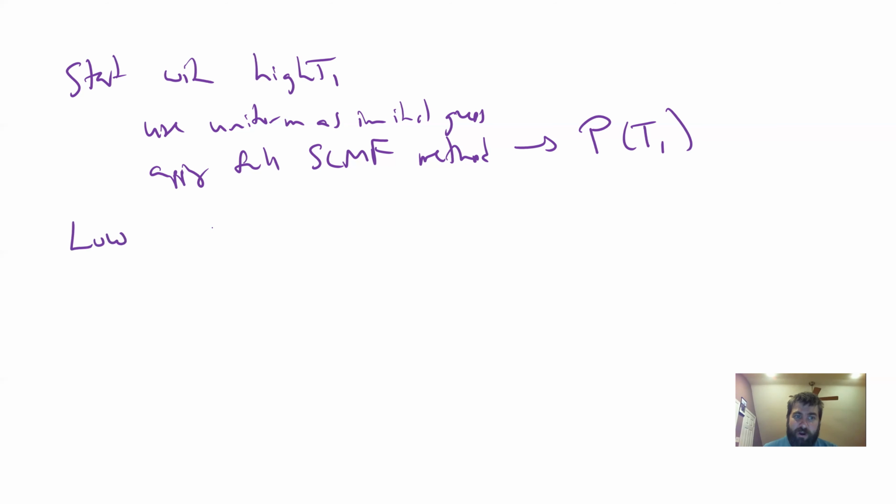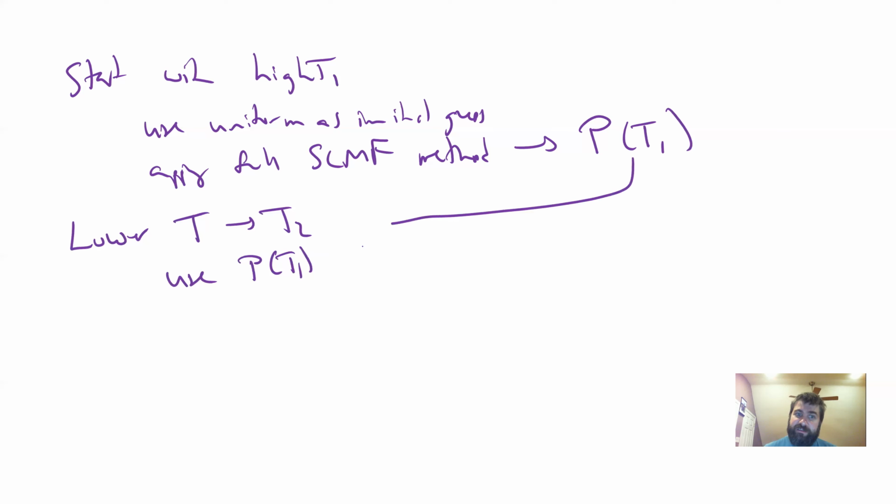Then we lower the temperature to some temperature T2. We use the probabilities from this initial run as our initial guess.